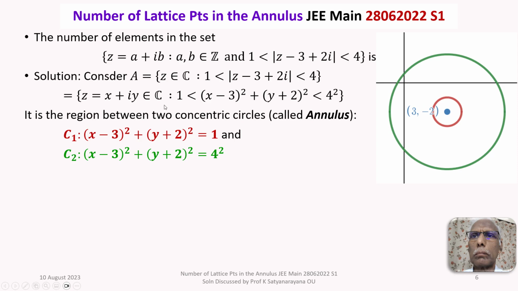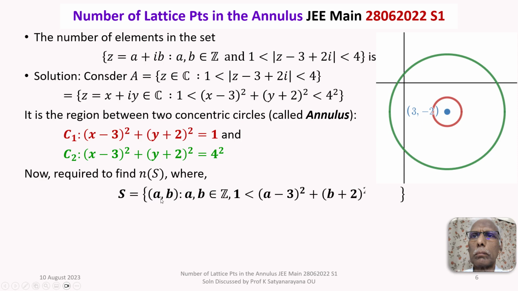So that is the annulus, but what you have to find out is all those complex numbers whose components are integers that lie in this annulus. So we are required to find n(S), where S is the set of all ordered pairs (a, b), where a and b are integers such that 1 < (a - 3)² + (b + 2)² < 4². The same thing is now translated into this.